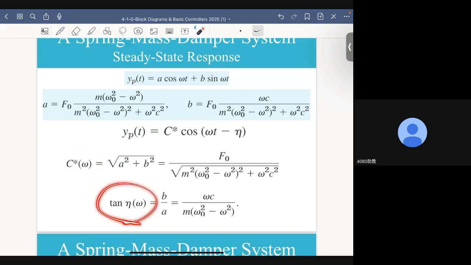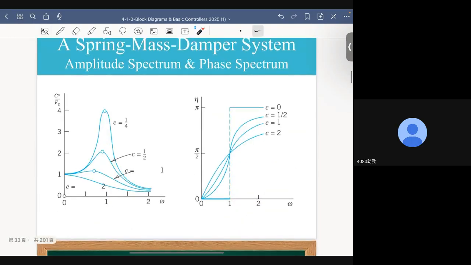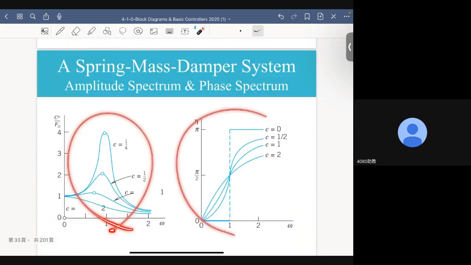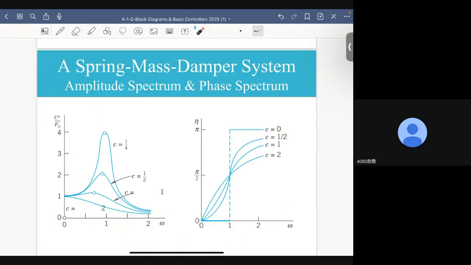Similarly, the angle is also a function of omega. Remember, omega is the frequency of the excitation force, which is being applied to the spring mass damper system under consideration. All right?